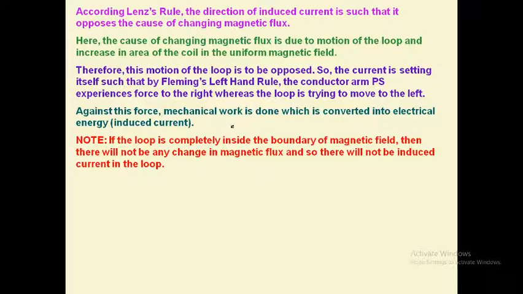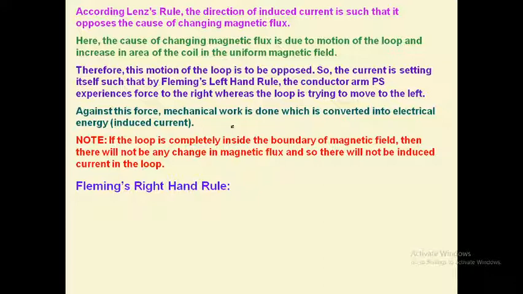There is a note: if the loop is completely inside the boundary of the magnetic field, then there will not be any change in flux, so there will not be induced current in the loop. Because if you are moving the loop inside the region of magnetic field such that the whole of the loop is in the magnetic field, then there will be no change in the area and hence no change in the magnetic flux.